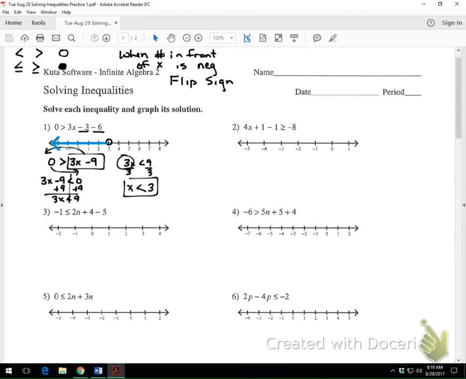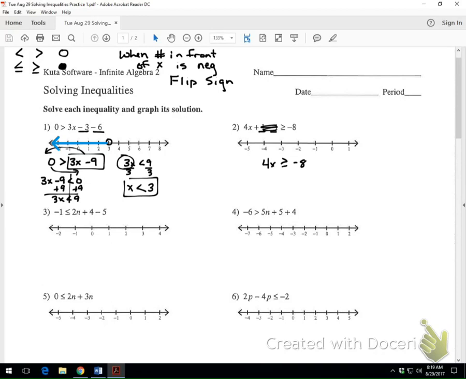Okay, so number 2. Can I combine anything? Yep, that 1 and negative 1, right? So what does that mean? It cancels out basically. So I have this: 4x is greater than or equal to negative 8. Do I need to flip anything to make it look normal? Nope.